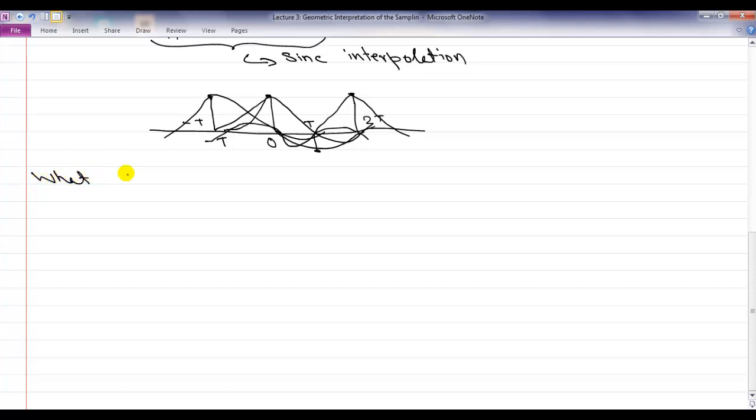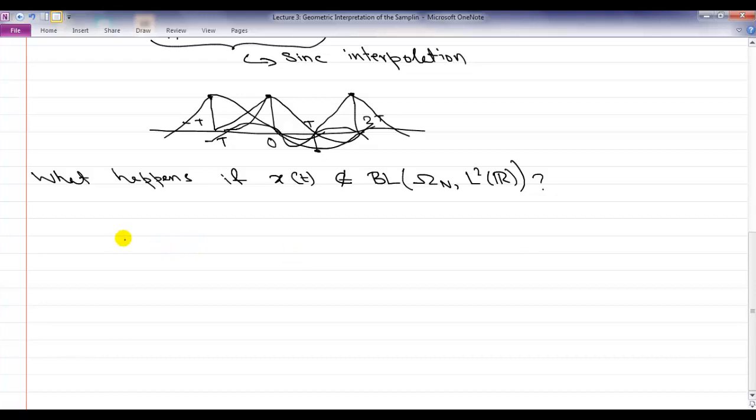So what happens if x of t does not belong to the class of band-limited signals, and assuming that we still do the same sampling and reconstruction procedure? We sample the signal every T seconds. At the reconstruction side, we just do sinc interpolation, which means we construct the impulse train and then we low pass filter that.